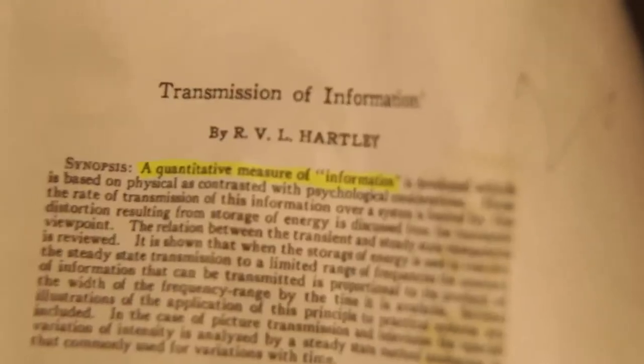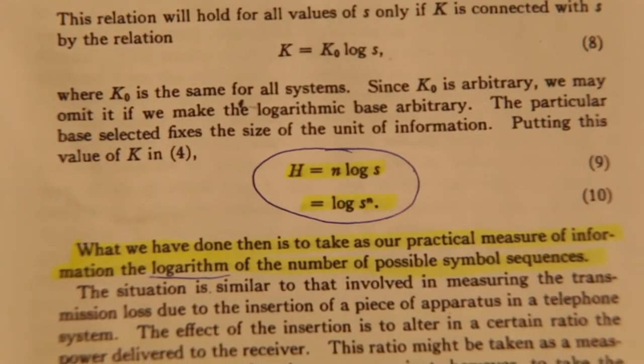And in it, he defines the word information using the symbol H as H equals N times the logarithm of S, where H is our information, N is the number of symbols, whether they're notes, letters, numbers, etc., and S is the number of different symbols available at each selection.